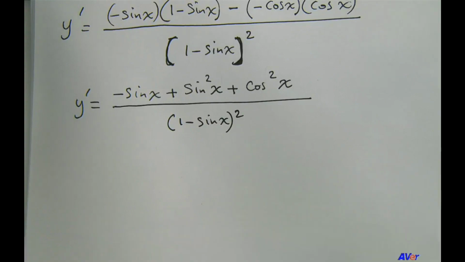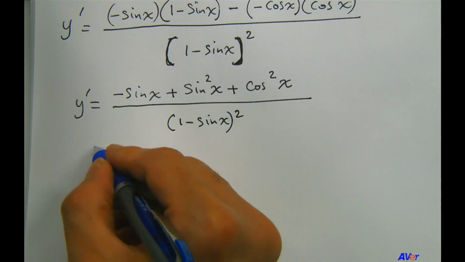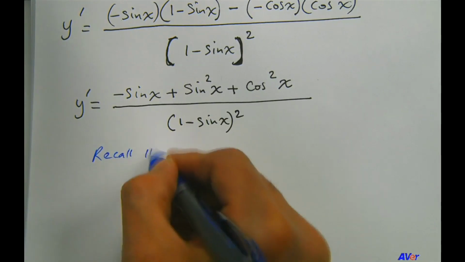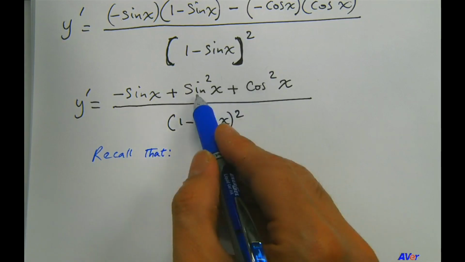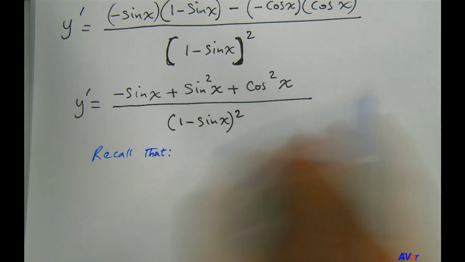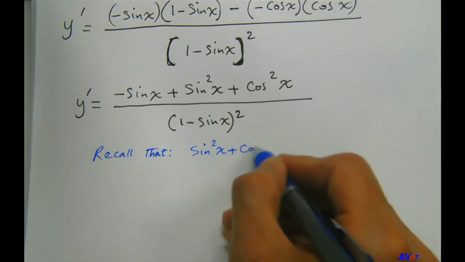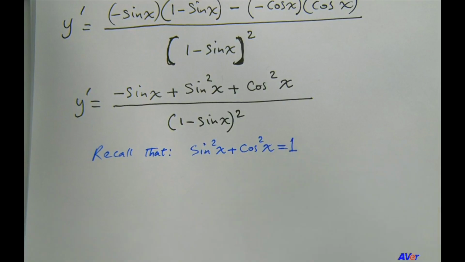Now, of course, recall from trigonometry, math 127, that cosine squared x plus sine squared x, or sine squared x plus cosine squared x, is equal to 1, right? It's a very useful identity or formula that we learned in trigonometry. That is true.